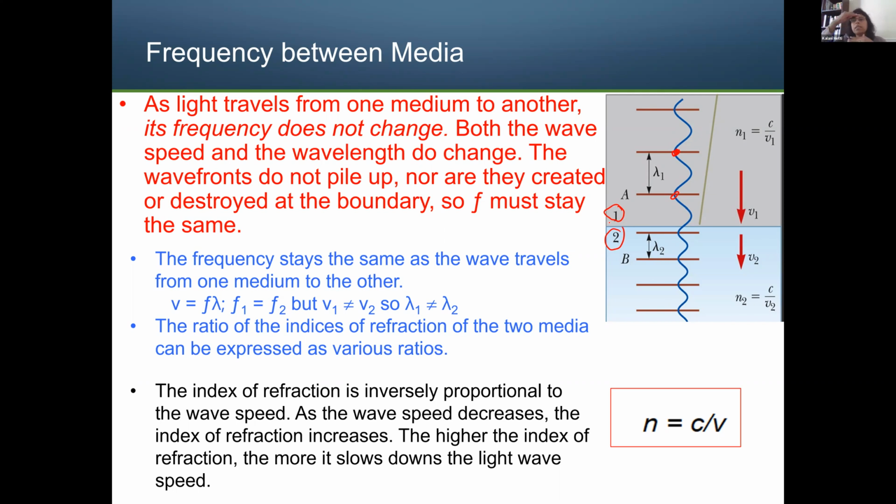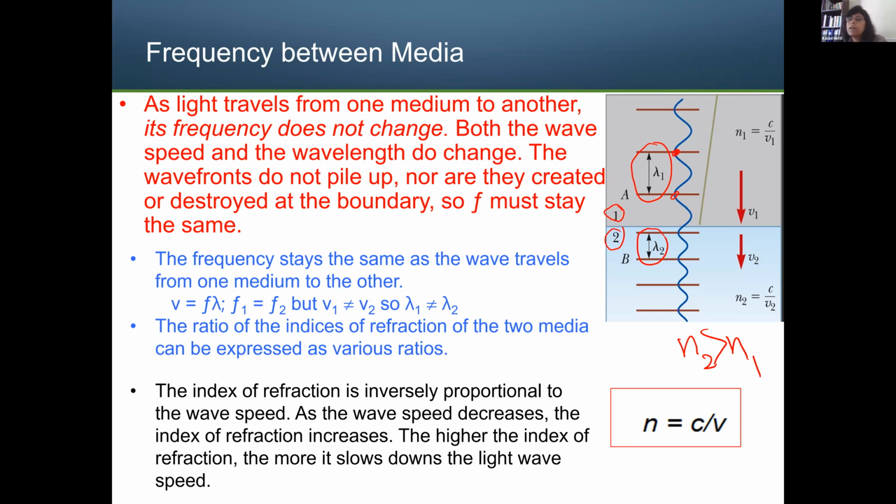Frequency is measured on the time axis of the wave: the period of the wave, 1 over period, we call frequency. So that stays constant, but your wavelength decreases when you go to the second media if the second media has a greater refractive index. I'm talking about the case where N2 is greater than N1, right? Otherwise, it will be the opposite.